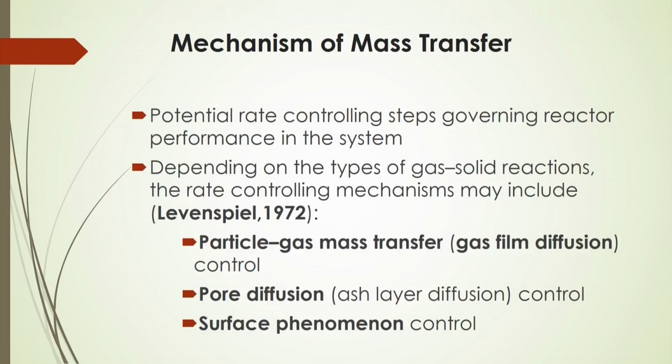That depends generally on the types of gas-solid reactions, and the rate controlling mechanism may include particle-gas mass transfer, which is called gas film diffusion, and pore diffusion is also one important mechanism, which is sometimes called the ash layer diffusion control mechanism.